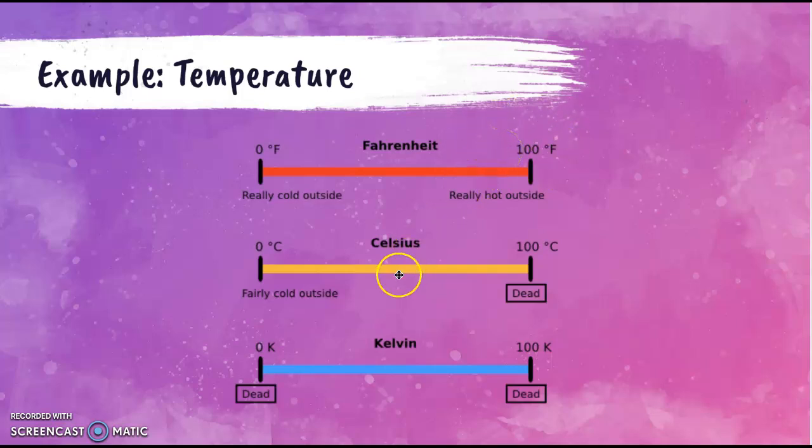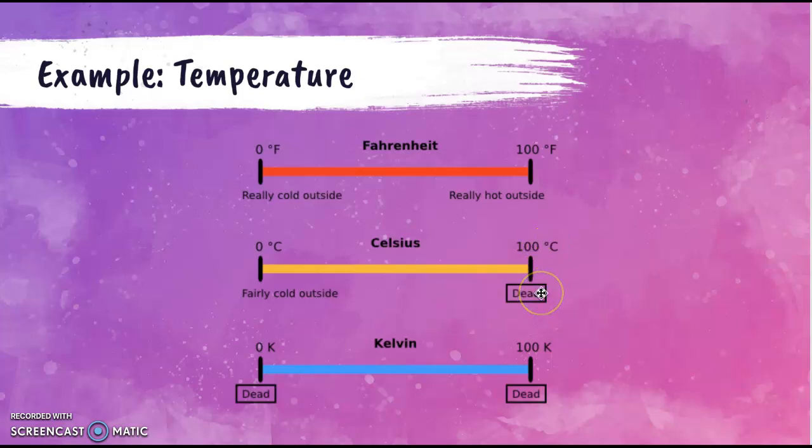But if we go to Celsius, this is describing what it feels like to water. So for water, 0 degrees Celsius is really, really cold, i.e. where it freezes. And 100 degrees Celsius is really, really hot because that's where water boils. But that's a super different experience for us humans. At 100 degrees Celsius, it's not just really, really hot.